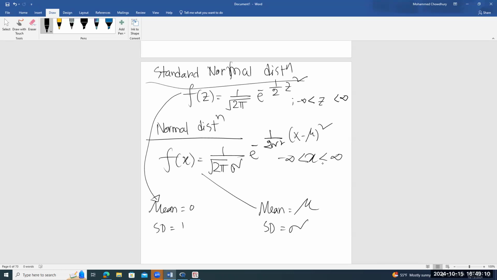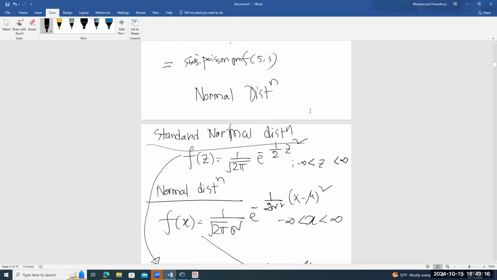So now the final distribution, the fifth distribution known as the normal distribution, is going to be discussed. Normal distribution has two types. One is standard normal distribution, another one is just normal distribution.